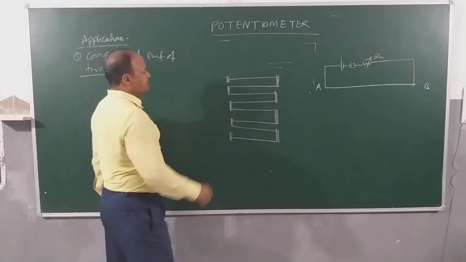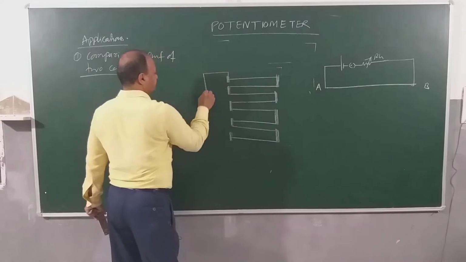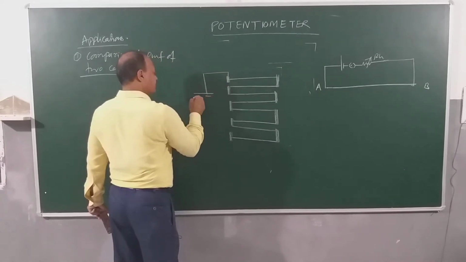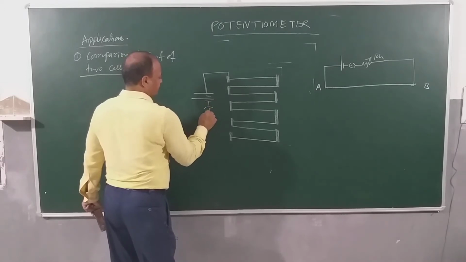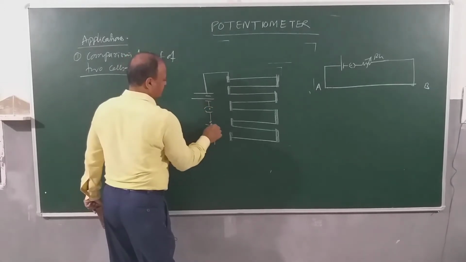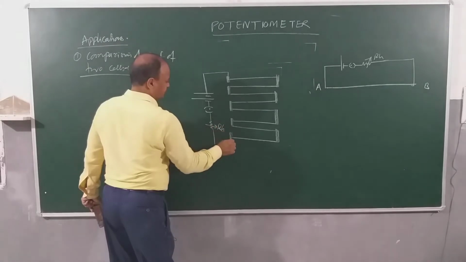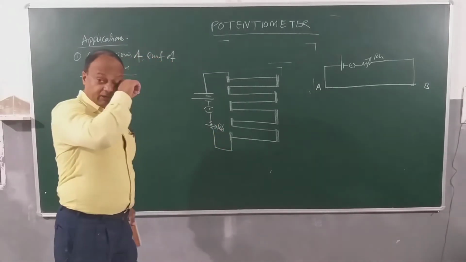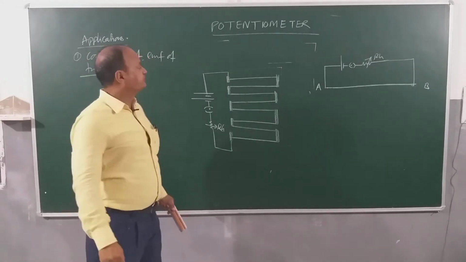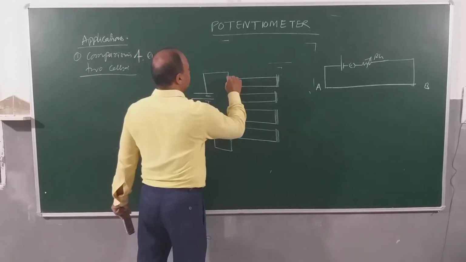Yes, this is the auxiliary battery. If I want, I can connect more. I can have a battery out here, key, and then this is the rheostat, right? And this is connected at the other end out here, right? If I want to compare EMF of two cells, then I will connect both the cells here.